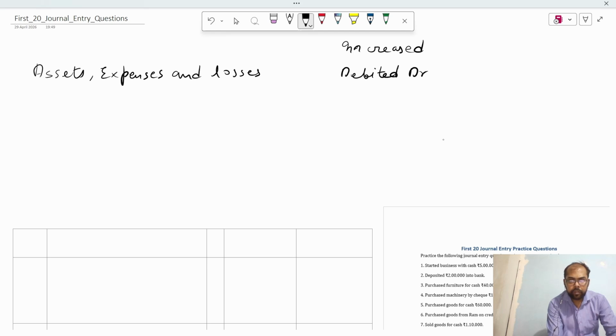For debit, we will use the symbol DR. And when they were decreased, they were credited. And for credit, we will use the symbol CR.